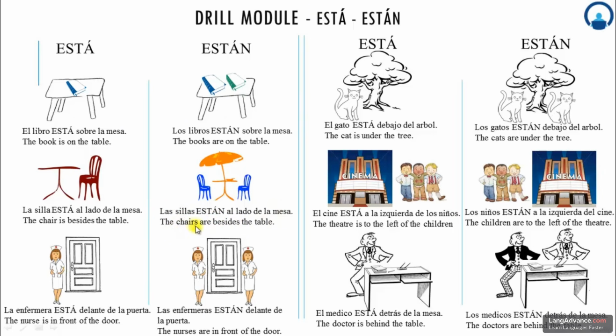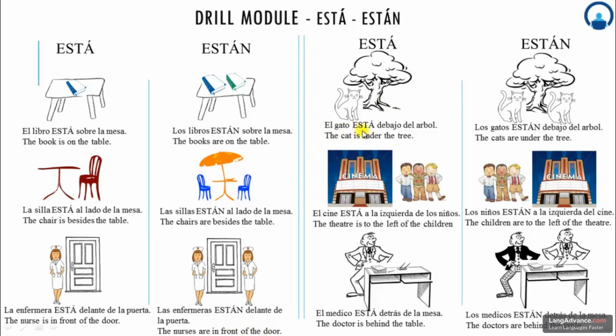That means the chairs are beside the table. Next example, la enfermera está delante de la puerta. That means the nurse is in front of the door. Puerta means the door. Again, we'll change this into plural. Las enfermeras están delante de la puerta. The nurses are in front of the door.